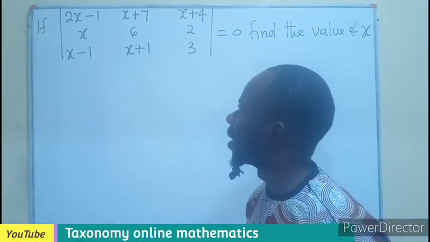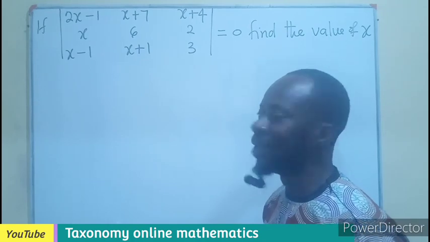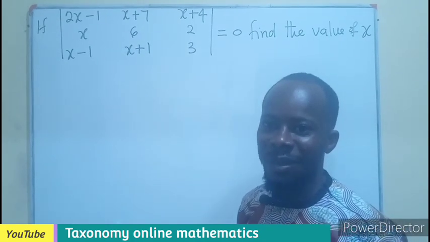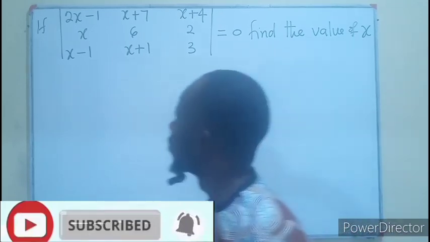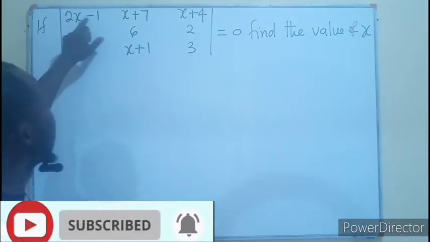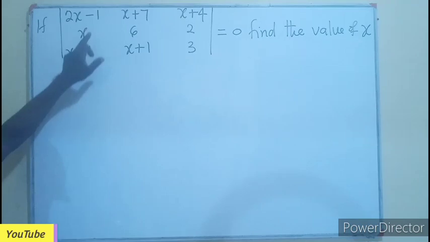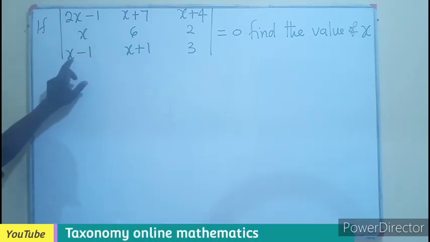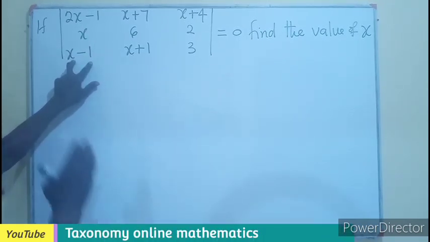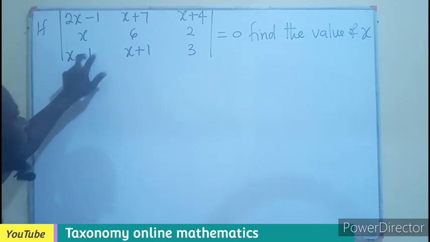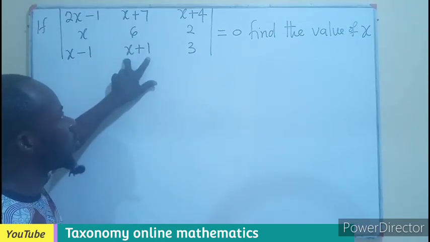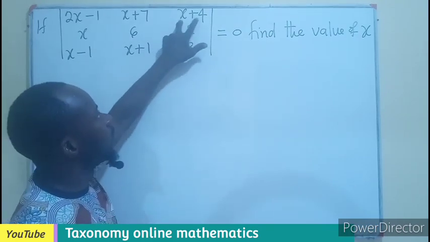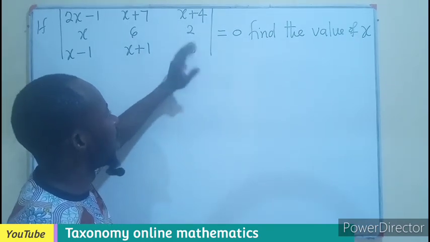In this episode, we want to provide an answer to this question under matrix, a 3 by 3 matrix. So if 2x minus 1, x minus 1 in the vertical column, x plus 7, 6, x plus 1, x plus 4, 2 and 3.